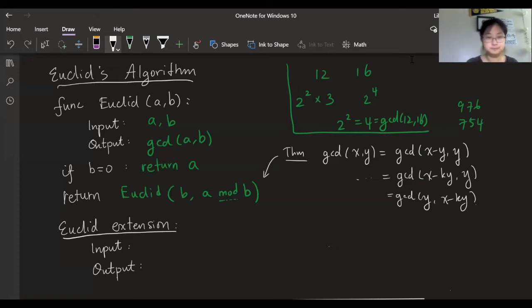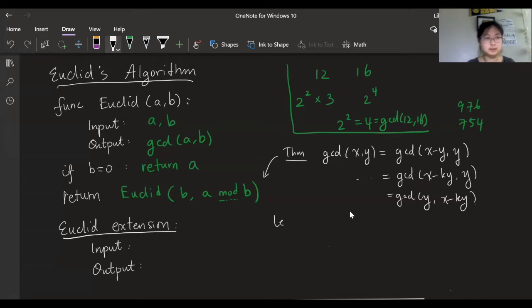Okay? All right. So this is calculating the greatest common divisor, but we want to do more. Why are we doing Euclid's algorithm in the middle of this discussion between modular exponentiation, modular arithmetic, and primality testing? There's actually a slightly deeper reason.